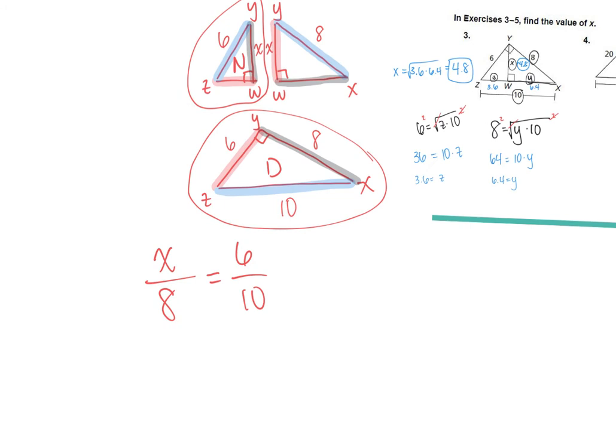You would cross multiply and get 10x equals 48. Can I simplify? Oh yeah, you could. This would become a 3, this would become a 5. So 5x equals 24. Thank you, Jaden. Divide by 5, and you're going to get x equals 24 divided by 5, which should give me 4.8. And it does.